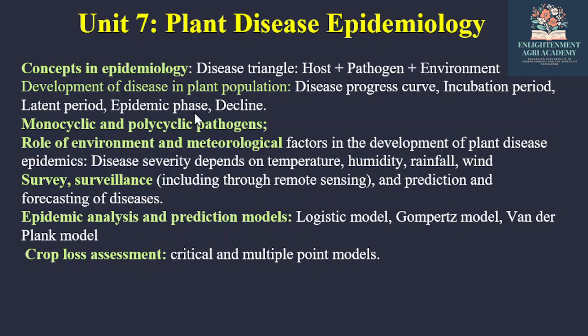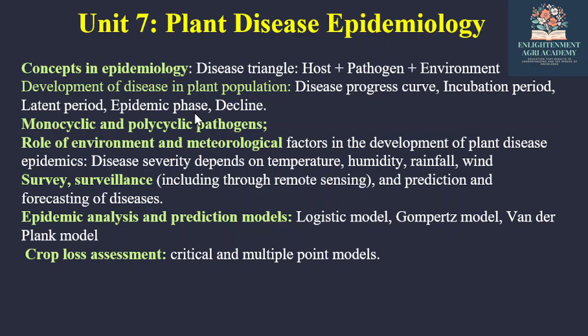Then development of diseases in plant populations, then disease progress curve, incubation period, then latent period, epidemic phases, decline. Then what is meant by monocyclic, what is meant by polycyclic pathogens, the role of environment and meteorological factors in development of plant diseases, what is meant by epidemics, disease severity depends on temperature, humidity, rainfall, winds.